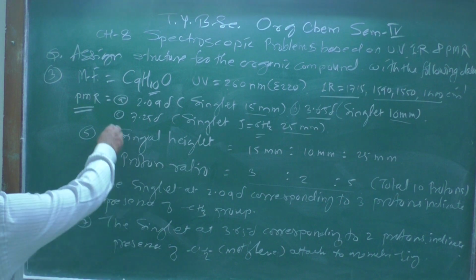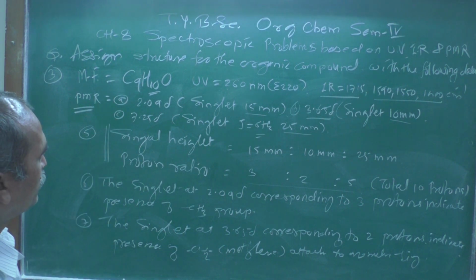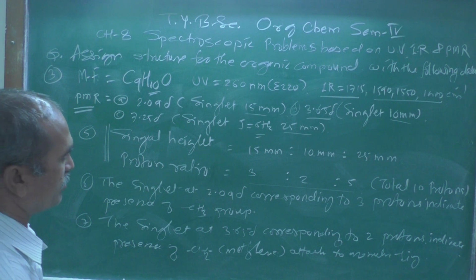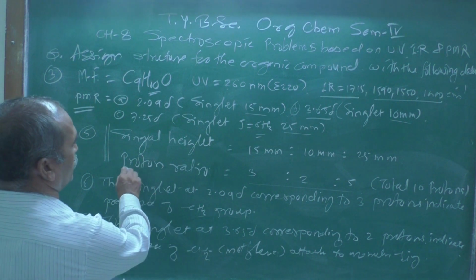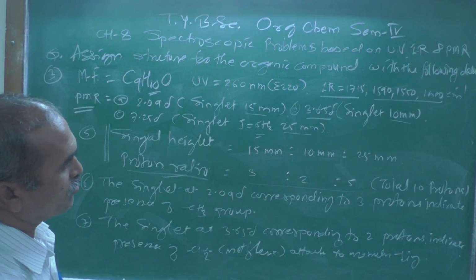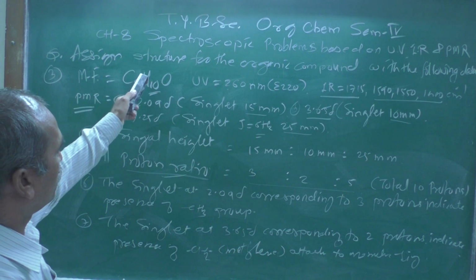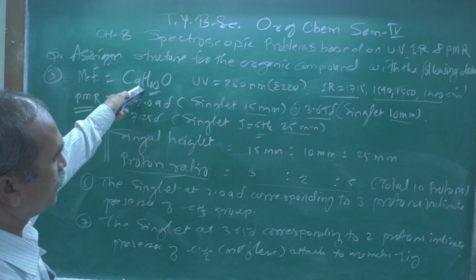So the most important one is this. From the signal height, since the integrations are given, you can calculate the proton ratio. Once you have the proton ratio, match it with the number of protons present in the molecular formula.